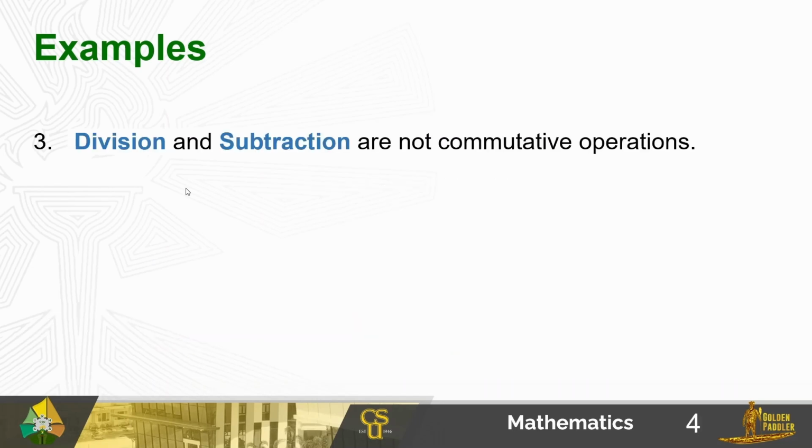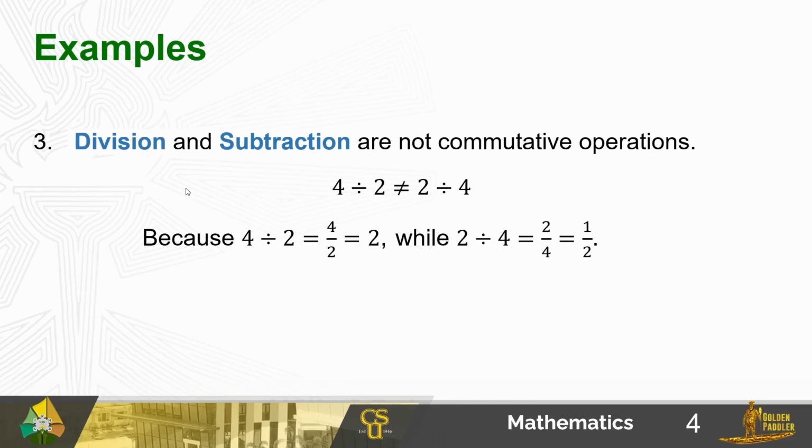Example 3. Division and subtraction are not commutative operations. Recall that the commutative property for addition states that the order of adding two real numbers does not affect the result. But here, for division, if we consider 4 and 2, 4 divided by 2 is not equal to 2 divided by 4, because 4 divided by 2 is equal to 4/2, or 2, while 2 divided by 4 is equal to 2/4, and that's equal to 1/2.